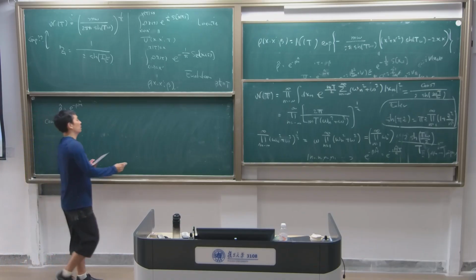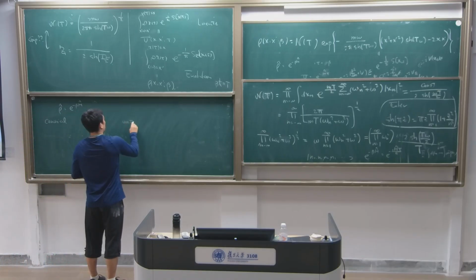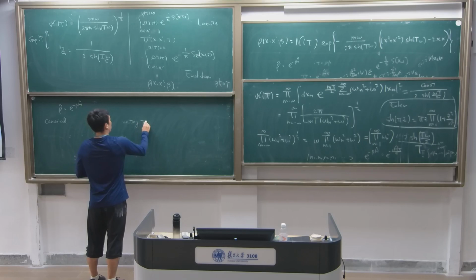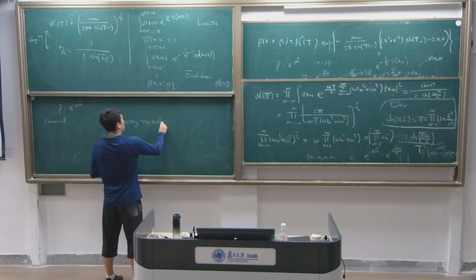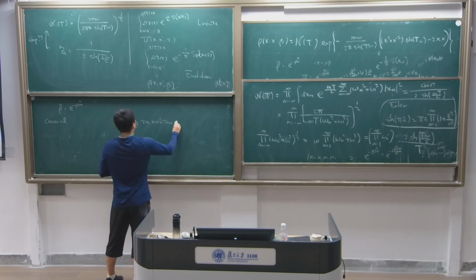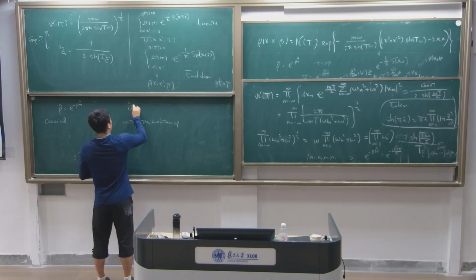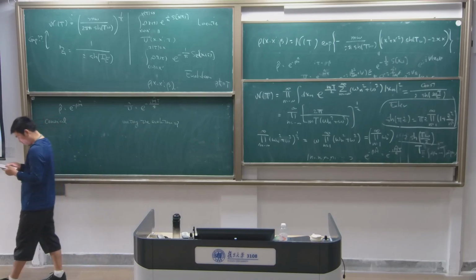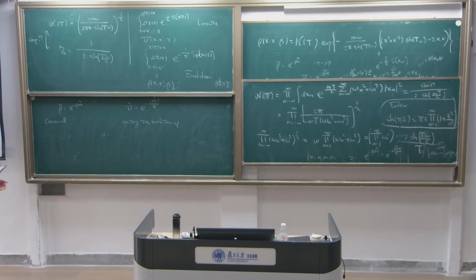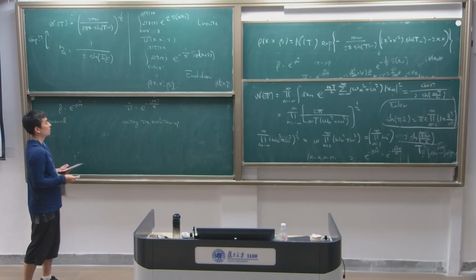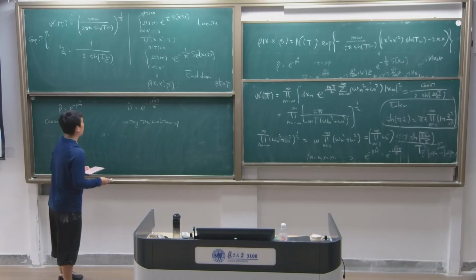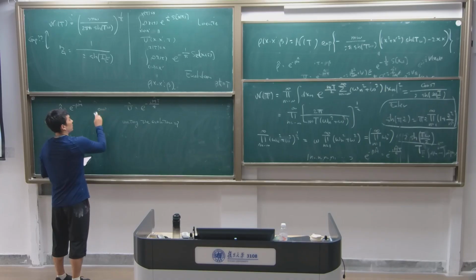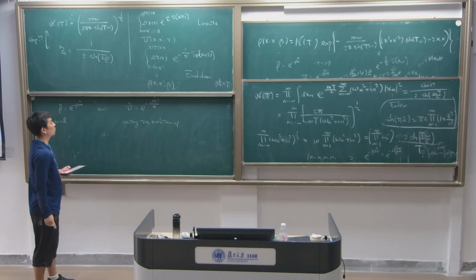On the other hand, the operator u is given by e to the minus i h hat t over h bar. According to my notation, this is okay. How do you relate between them?